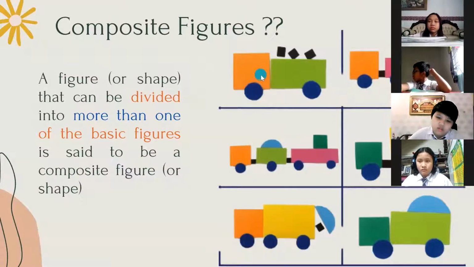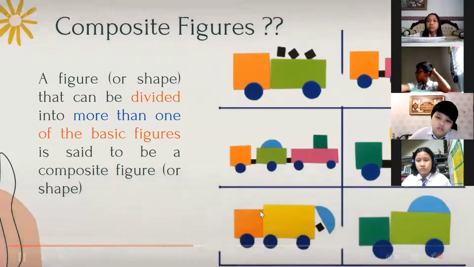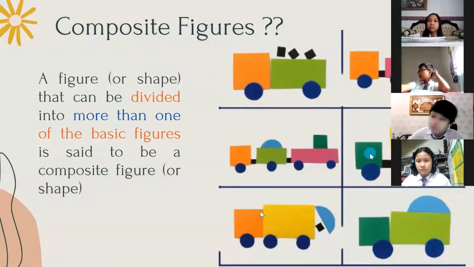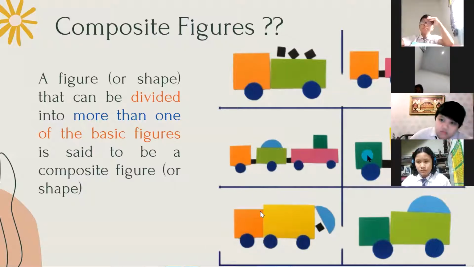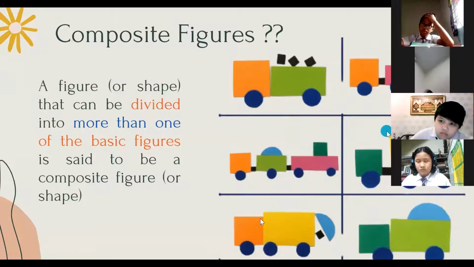Or in other words, if we can divide it into some parts, we can get more than one basic figure. Like this rectangle, we can get a rectangle, square, circle, and many others. Okay?